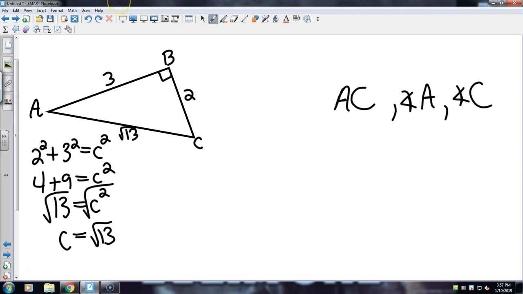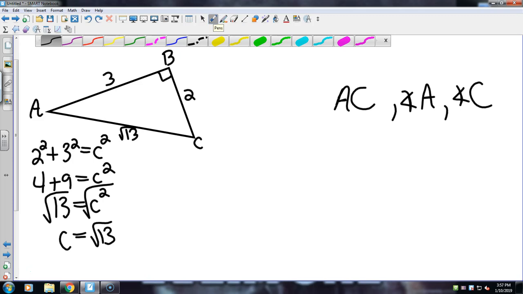Okay, so the greatest thing about this is I only have to find one angle, and then I can subtract from 90 and find the other one. So I'm going to start with angle A. I look at the relationship of what I know. I have an opposite, a hypotenuse, and an adjacent, so I can use all of them.